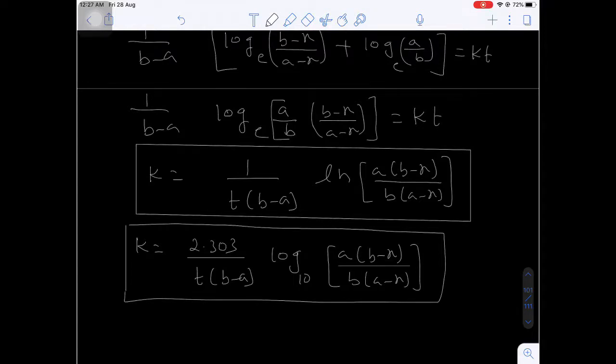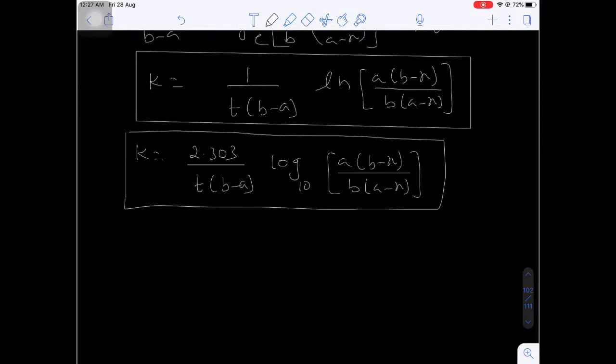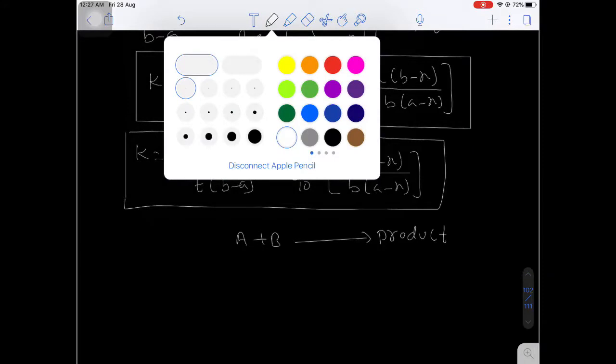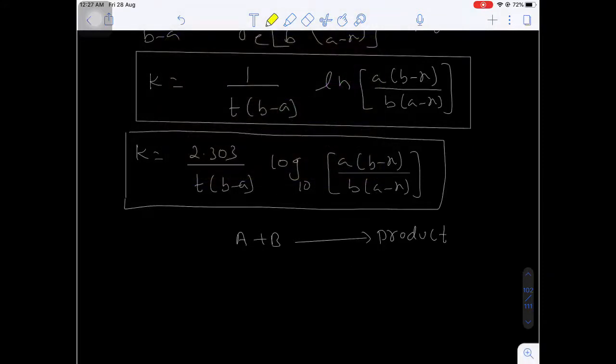Okay, now here suppose in this reaction A plus B, two reactants are there and they are converted into product. Now what is the rate expression?